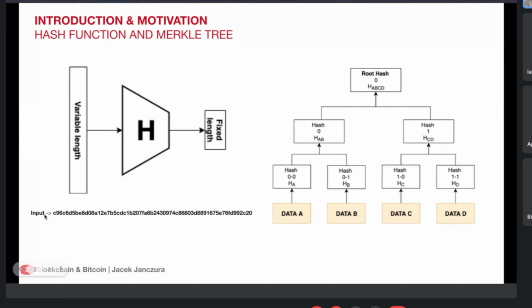And what is a hash function used for? Most importantly, a hash function is used for something like a proof of existence. So imagine we are writing a book and we want to release this book next year, but the book is written right now.